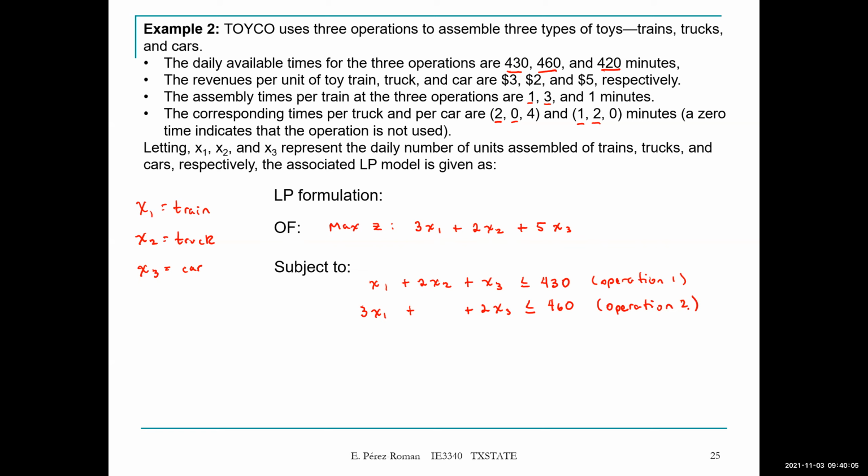And then for the last operation is 1 minute, 4 minutes, and 0. So X1 plus 4X2 plus 0 less than or equal to 420. This is for operation 3. And then the decision variables have to be greater or equal to 0.